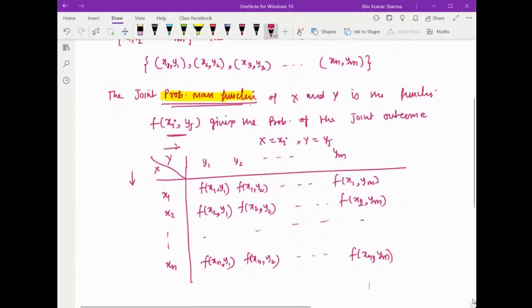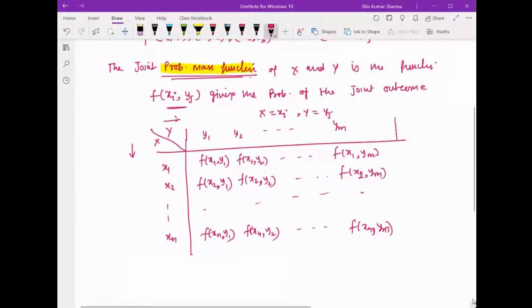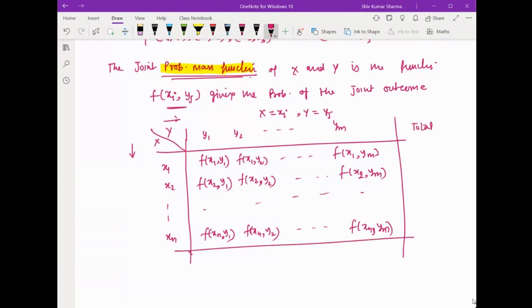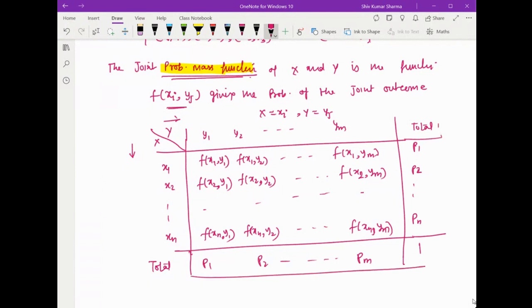The sum of the probabilities, that means this is pi. Here is the total of the probabilities, that means we do the sum. So this is P1, P2, and corresponding Pm, and the sum of all of them is equal to 1.